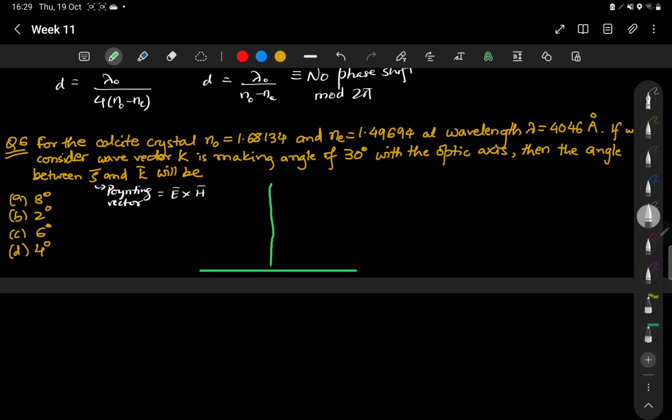Sorry, let me call this x. Let me call this z. And now z is my direction of optic axis. And let me draw the k vector.